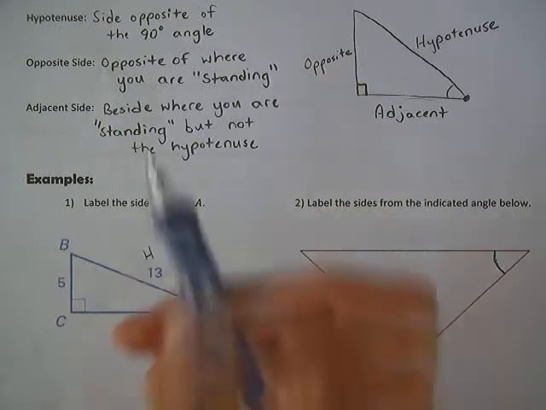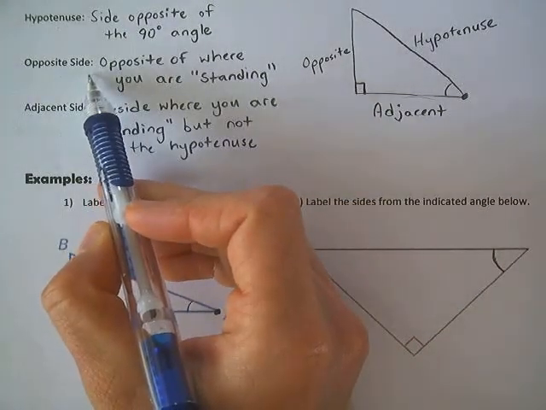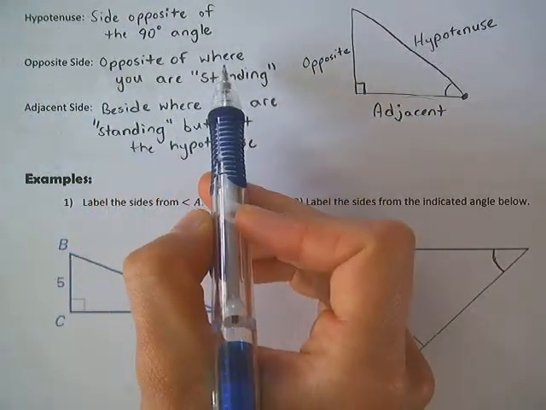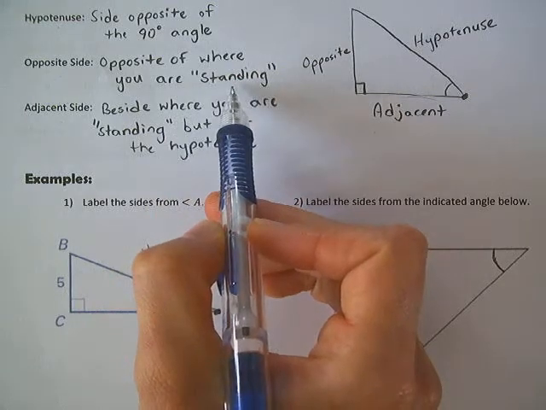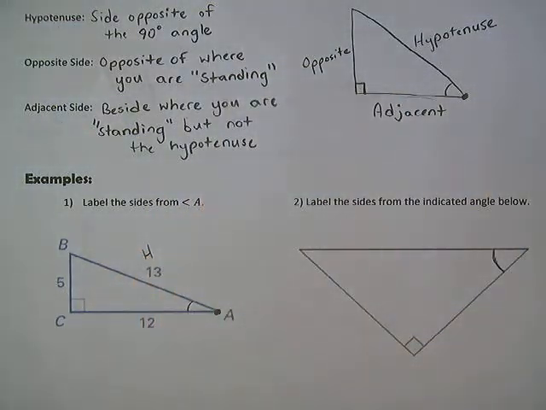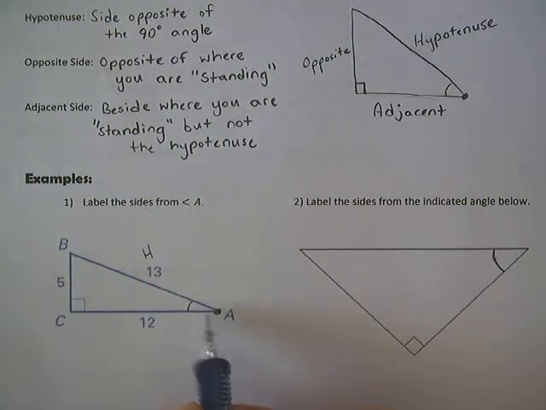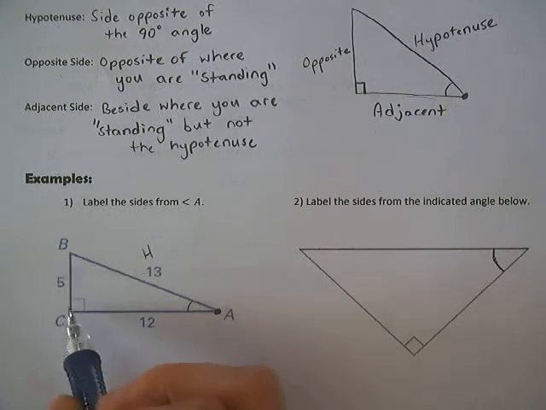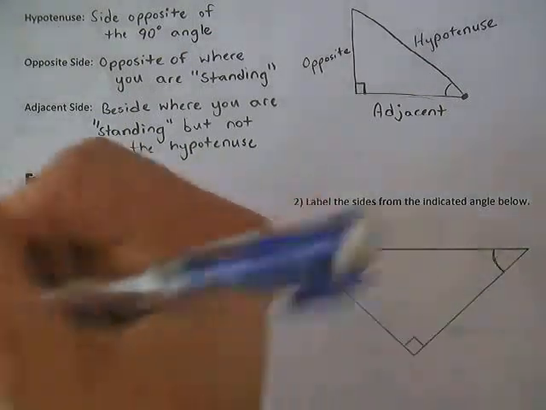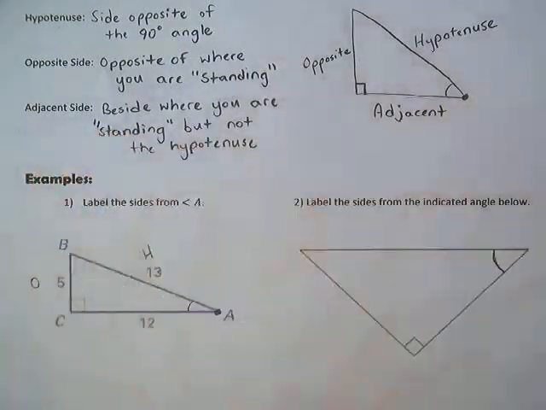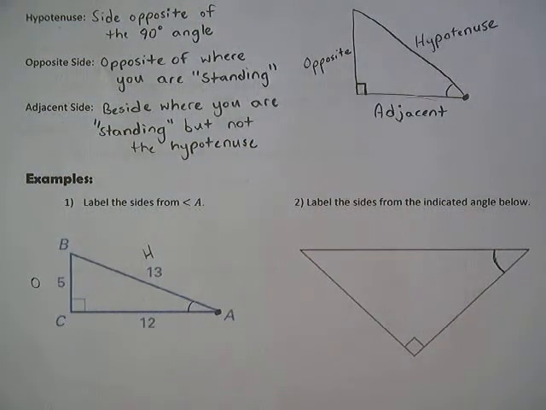So then the next side would be the opposite side. The opposite side is opposite of where you are standing. So it's opposite of the angle that you're going from. And so if this is where we're standing looking at our triangle, which side would be opposite of that? Well, the side that this opens up to, or the side that this angle does not touch, would be this side right here. So the side labeled with the 5 would be my opposite. So I'm going to put an O for opposite.